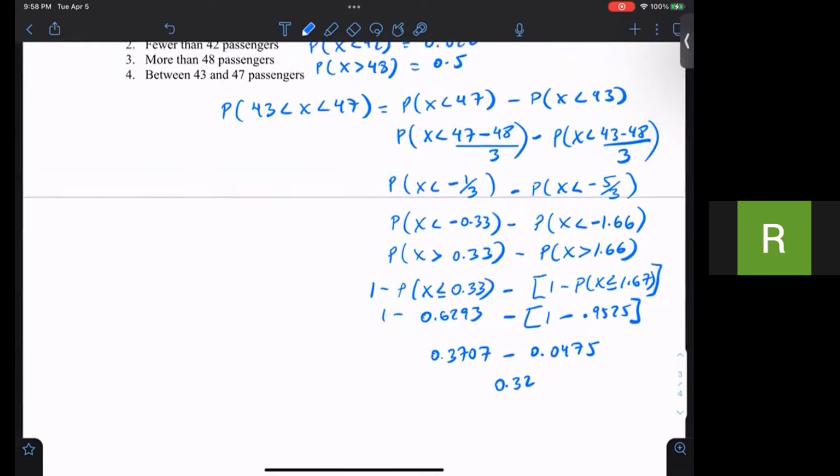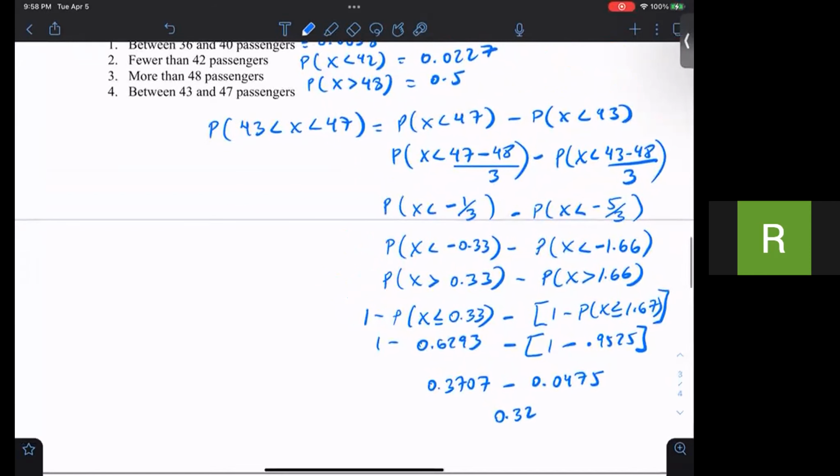So that's the answer for this problem. So between this and that is 0.32.